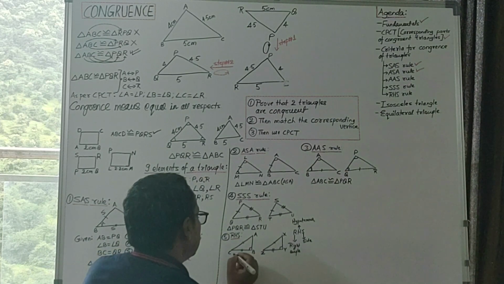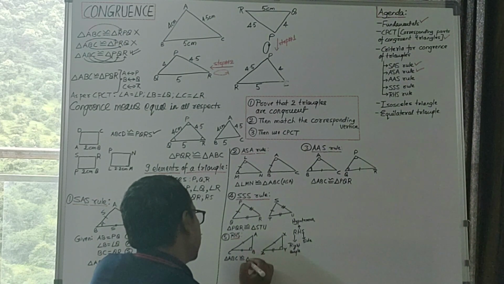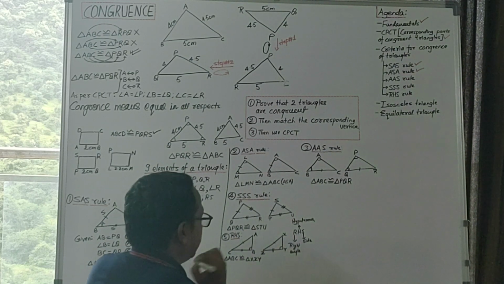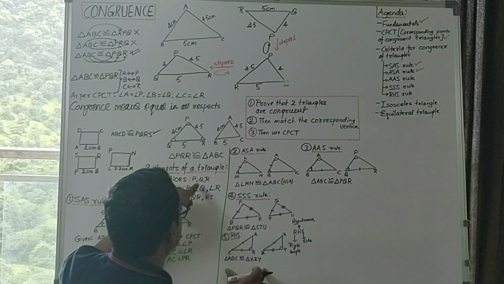So you will say that triangle ABC is congruent to triangle XZY. After that, you will write down the mapping of the three vertices.